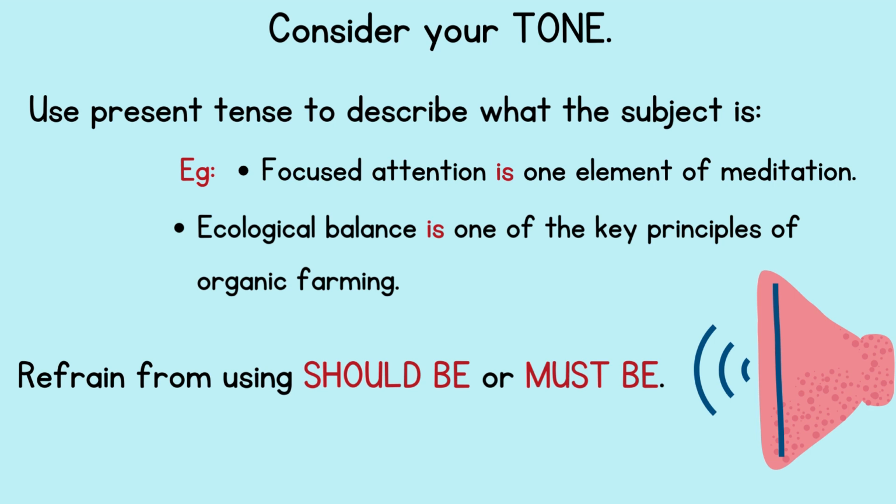These are indeed elements of meditation and organic farming. They have to be a part of these things. That's why we are discussing them. It's written down in history that these things are a part of what we say they are. And so there's no way we can doubt that by using should be or must be. It's either they are or they aren't.